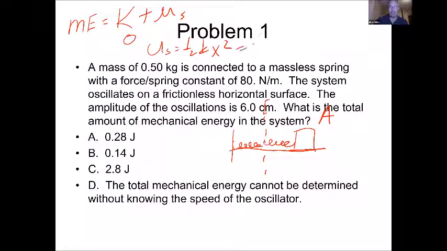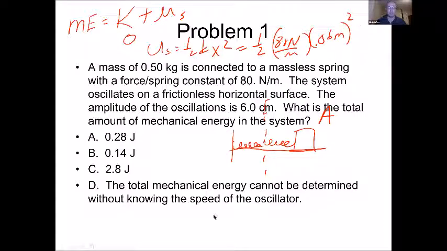So 1/2 kx squared, so 1/2. Our spring constant here is 80 newtons per meter. Remember that x needs to be in meters. They give it to us here in centimeters. So 6 centimeters is 0.06 meters. We square that out, do the math, and I've got the math worked on the next slide.